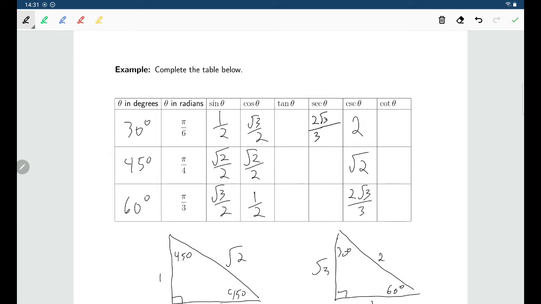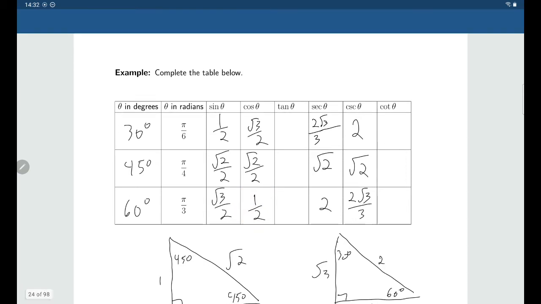We have cosine of 45 degrees is 1 over root 2, or root 2 over 2. So secant of 45 degrees should be root 2 over 1, which is root 2. Cosine of 60 is a half, so secant is the reciprocal, 2 over 1, which is just 2.